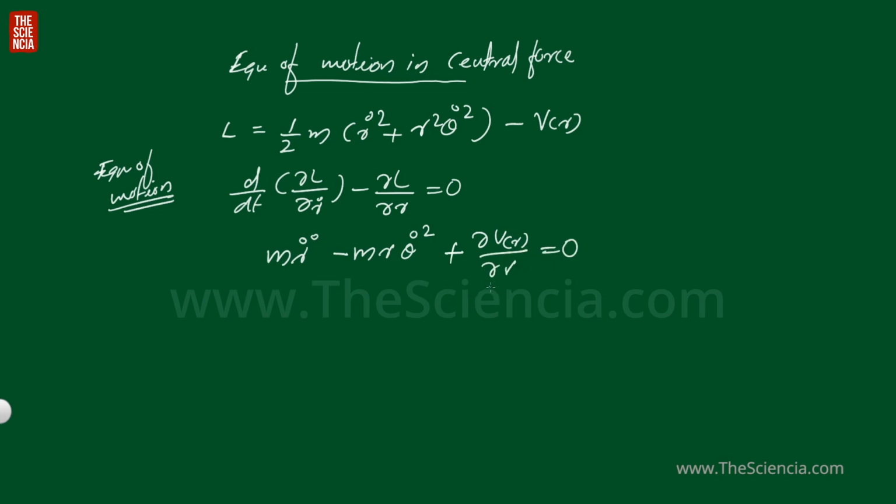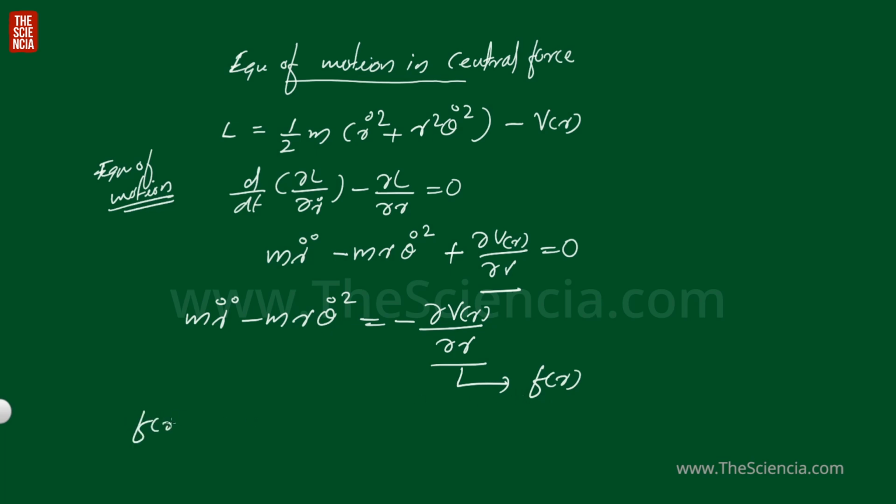So I can take this term to RHS of this equation, that is m r double dot minus m r theta dot square equal to minus dou V of r by dou r. We are familiar with this term, that is nothing but f of r, the negative gradient of potential, right? So I can rewrite this equation as f of r equal to m r double dot minus m r theta dot square.